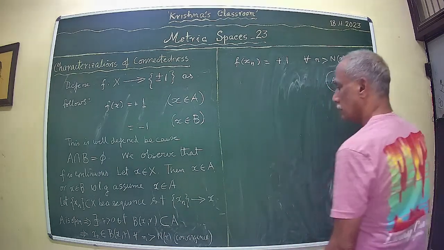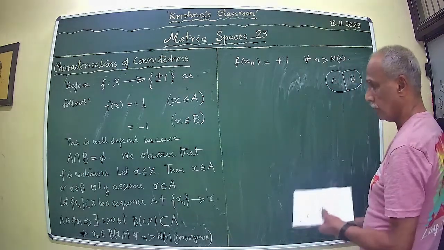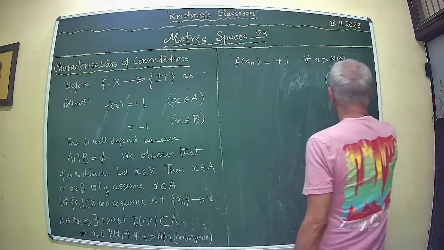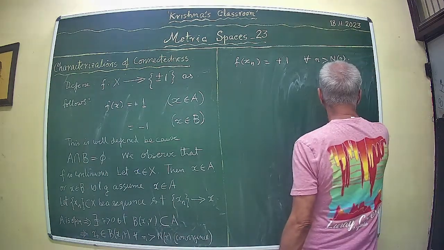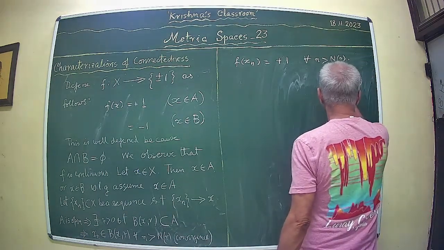A is open. So if you have an x here, there is a whole neighborhood.